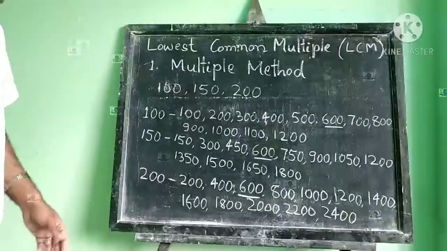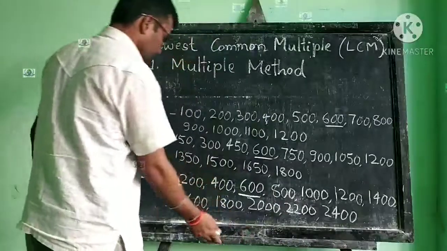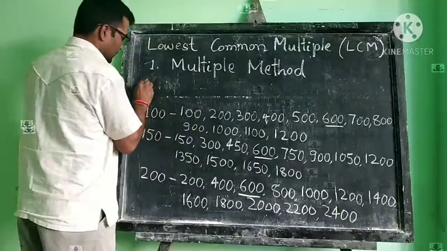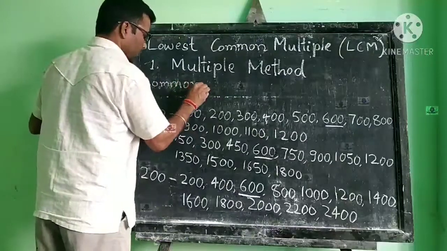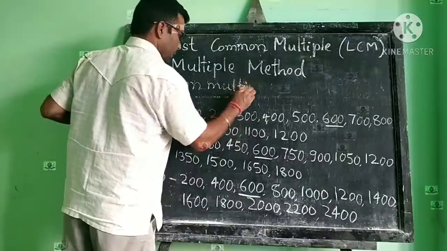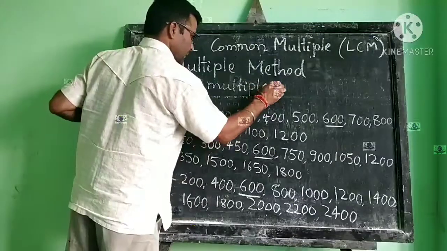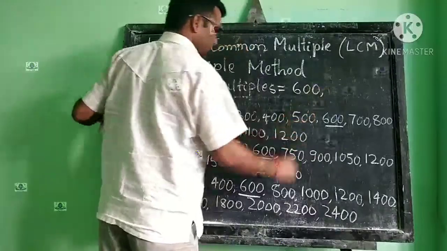Just below this you can write common multiples. At first we found 600.